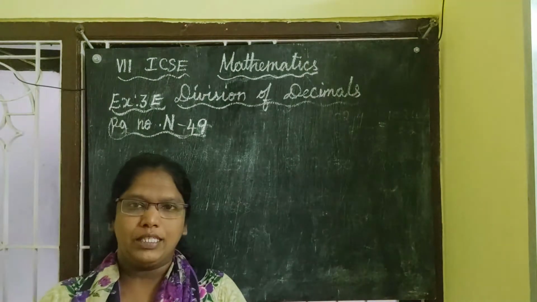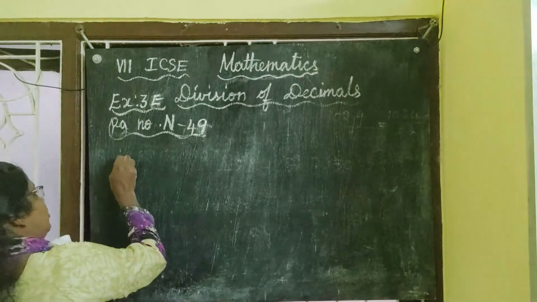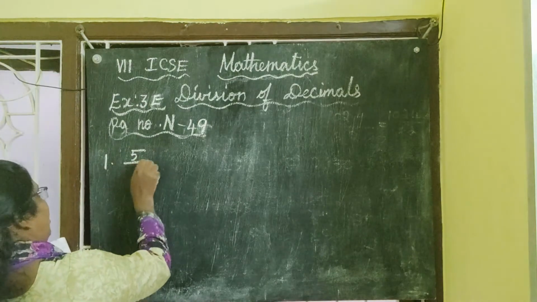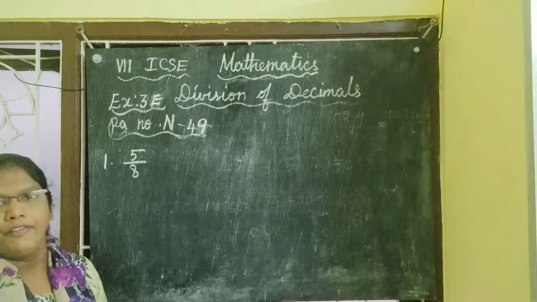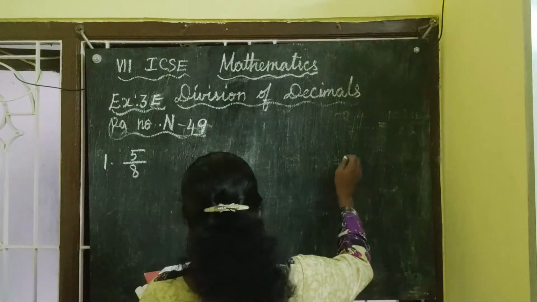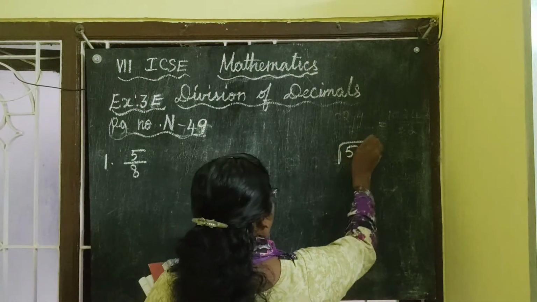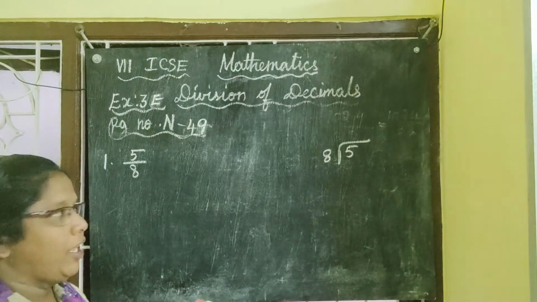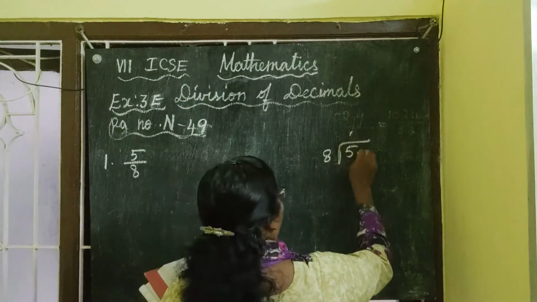Here it is given in fraction. One sum I will do to explain this. It's the first one, 5 by 8. Let me divide this. In 5 I don't have 8, so I am keeping the point and adding 0.